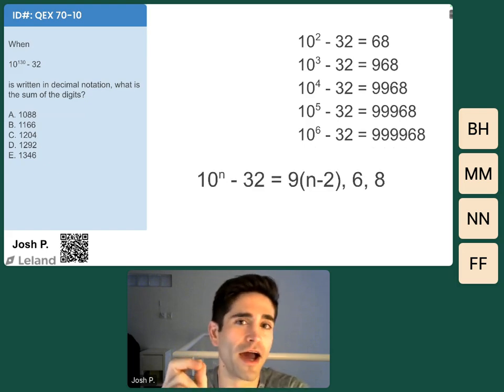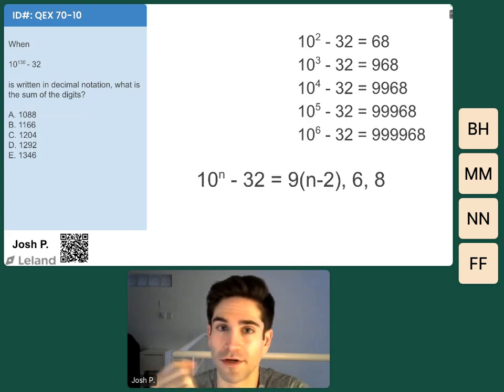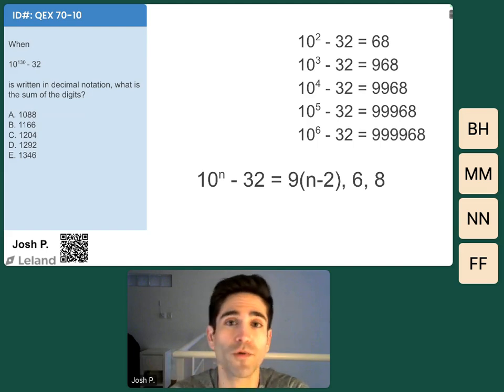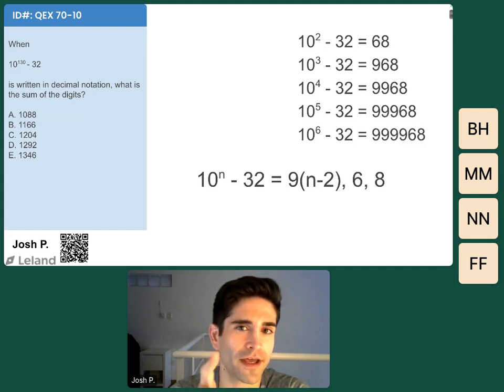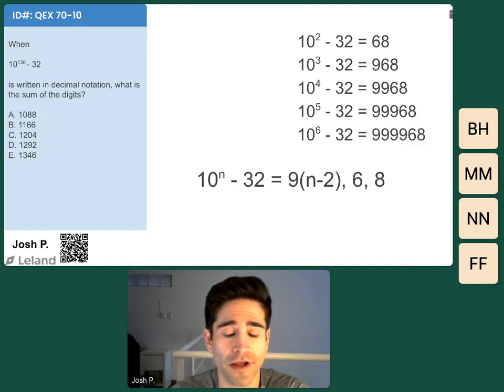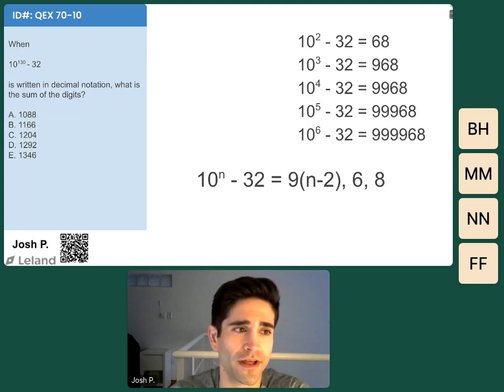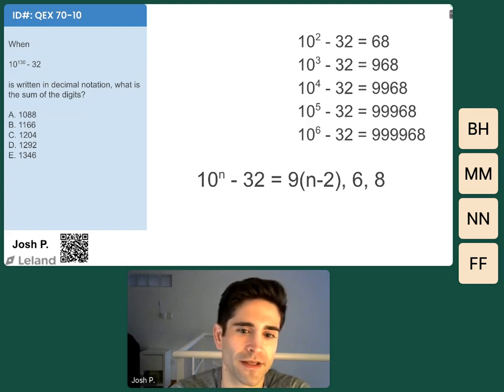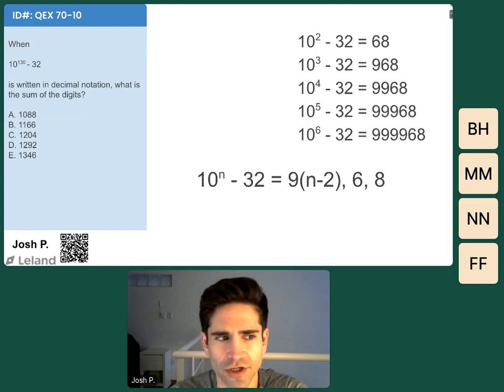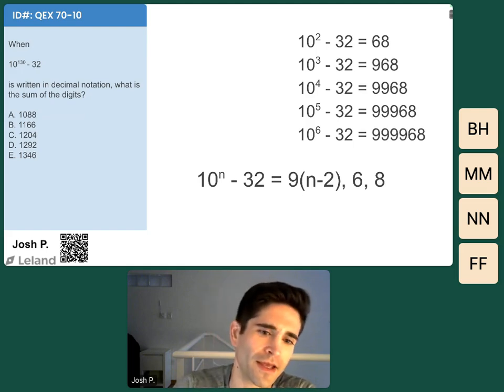So essentially, the pattern that comes from just doing what you can without a calculator, if we have 10 to the n, and we don't know what n is, minus 32, essentially what we have is 9, n minus 2 times, followed by a 6, followed by an 8. This is the case if n is an integer, of course.